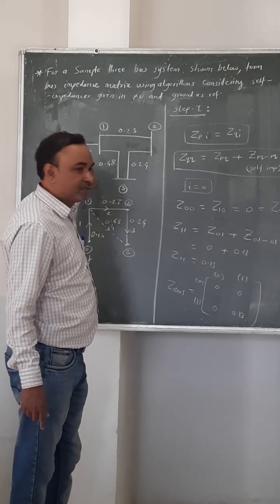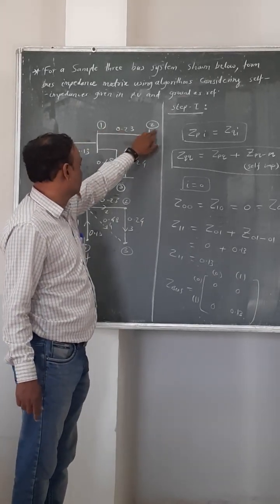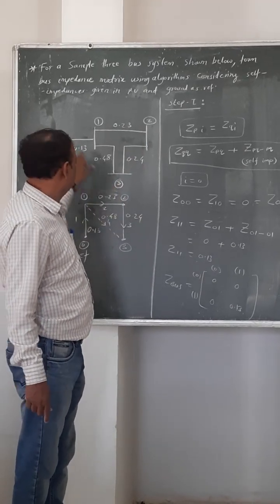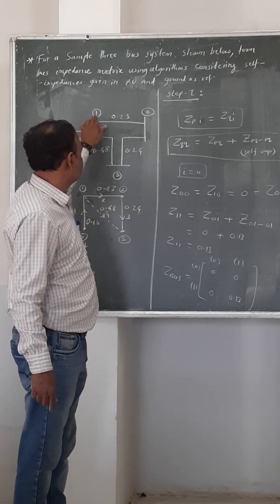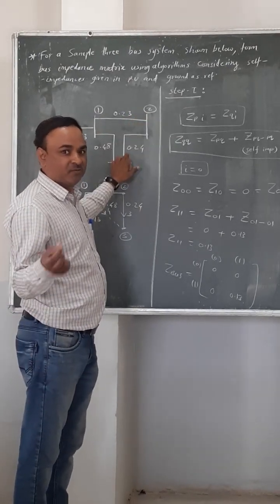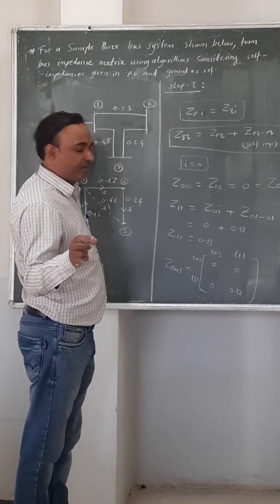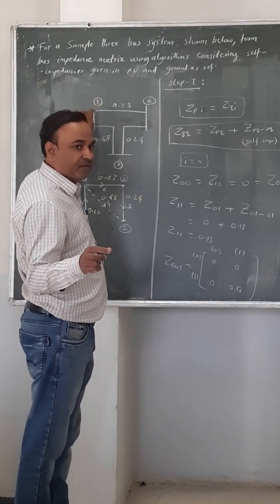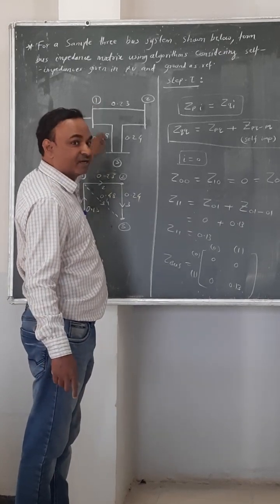How many buses are there? 3 buses: bus number 1, bus number 2, bus number 3. And the ground is also taken as one of the nodes. These buses are nothing but the nodes. What is a node? It is where the elements are connected, a bus to which the different elements are connected.